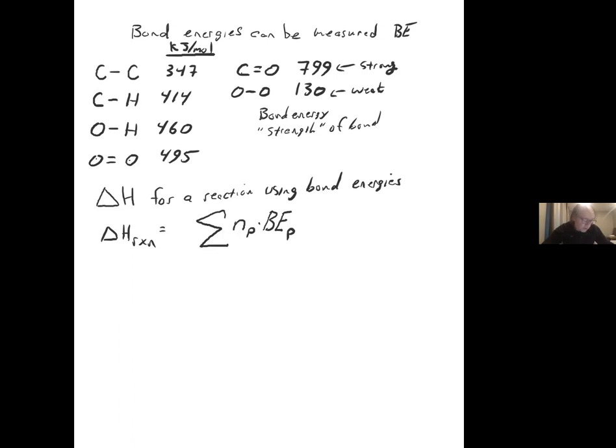So you're going to add up all the bond enthalpies of the products and subtract the sum of the number of moles of each reactant times the bond enthalpy of each reactant. The reason it's a sum is because you could have more than one reactant and more than one product. So this is each reactant and this is each product. Now notice this n is the coefficient in the balanced equation.